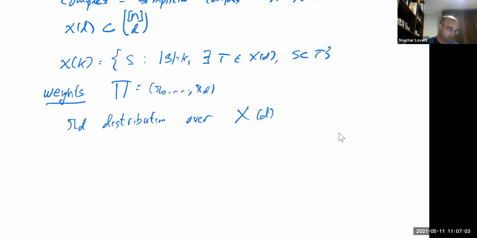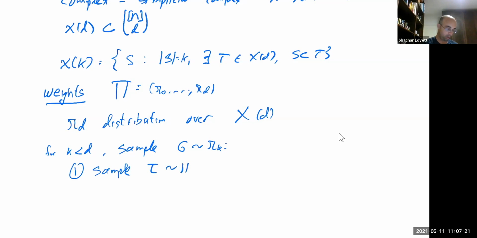So let me remind you, for k less than d, if we want to sample a face sigma from pi k, we do the following process. First, we sample some face tau from the top dimensional faces, and then we sample sigma inside tau of size k uniformly.